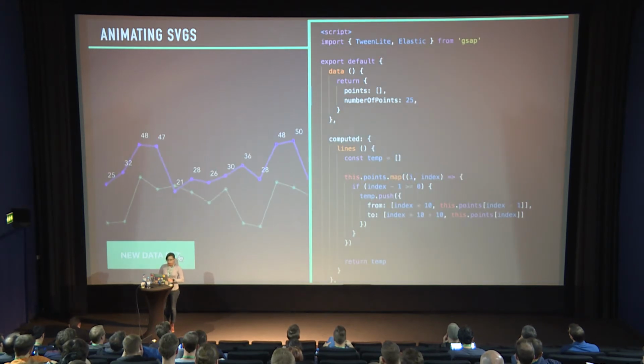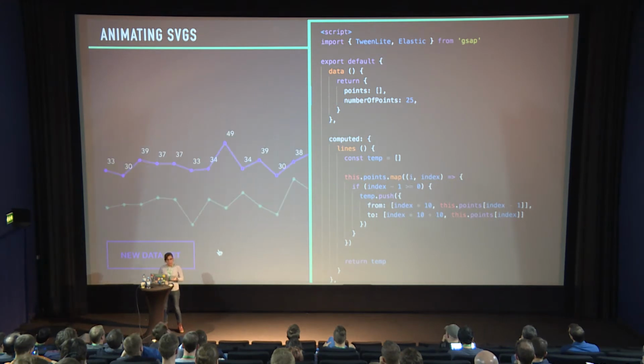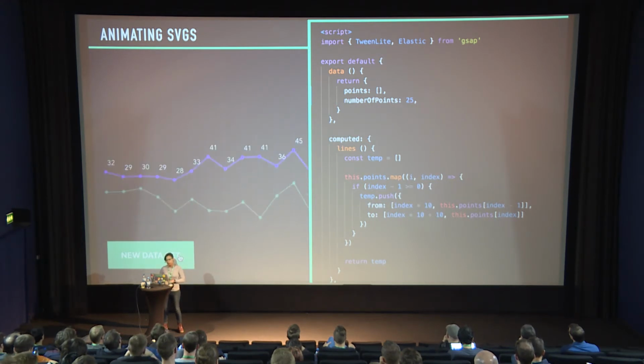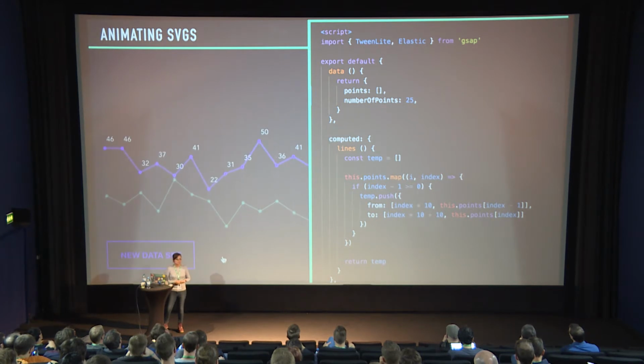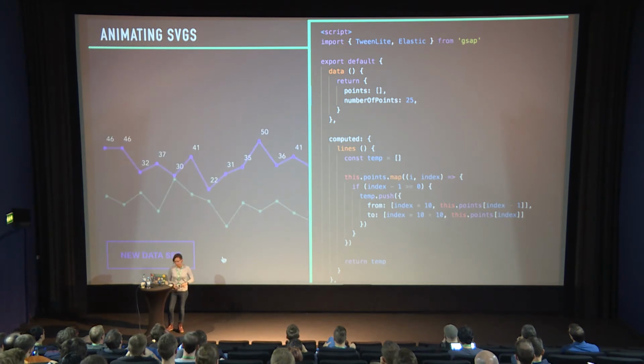The lines array is going to contain from and to x and y coordinates, and its index, and it's also the data points itself, which are basically the numbers that we are displaying on the chart.